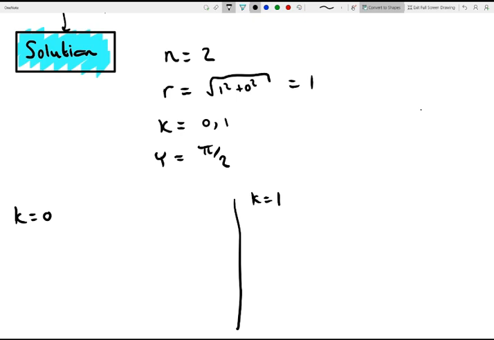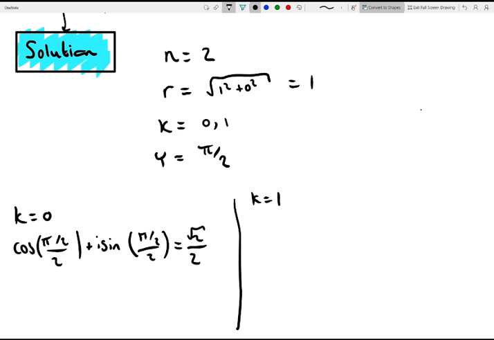In the k is 0 case, we have cos of pi over 2 plus i sine pi over 2. And when we compute it, this gives us root 2 over 2, 1 plus i.